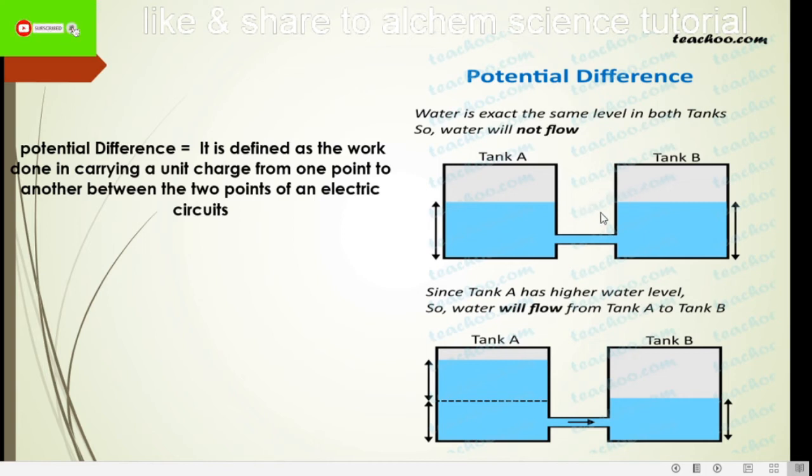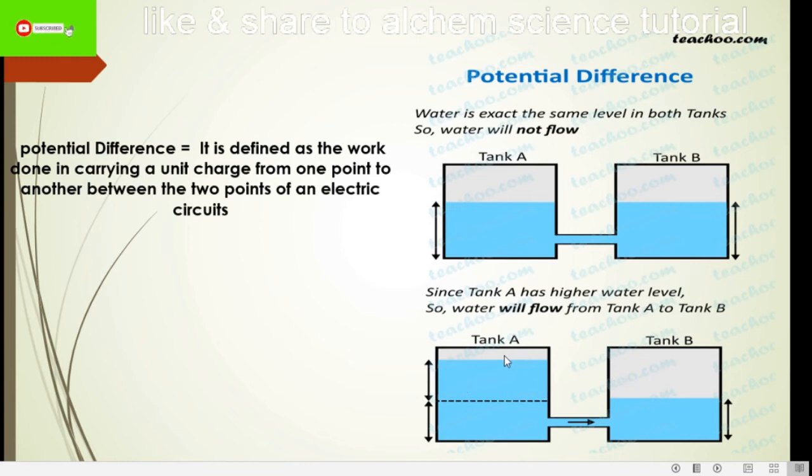We are going to understand the same thing in the case of electrical current. So consider here also tank A has some charge and tank B has the same charge. So flow of electrical current is not possible here. Now in the second case, tank A has more water as compared to tank B, so that's why electrical current transfer will be possible here.